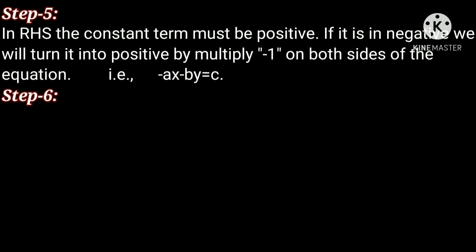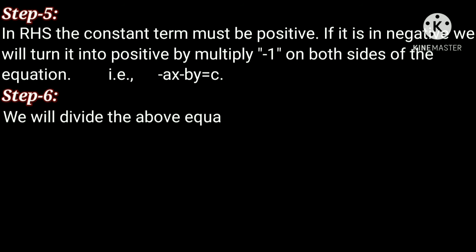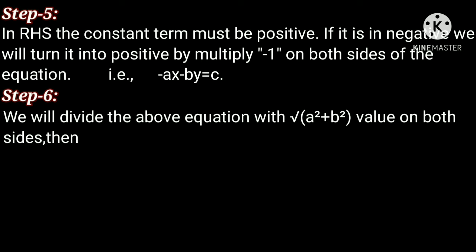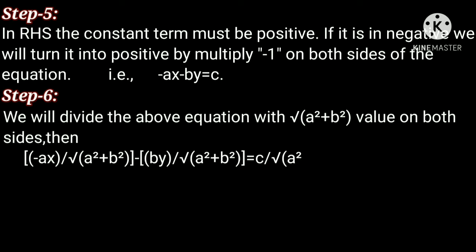Step 6. Next, we will divide the above equation by the square root of a square plus b square on both sides. Then minus ax by square root of a square plus b square minus by by square root of a square plus b square equal to c by square root of a square plus b square.